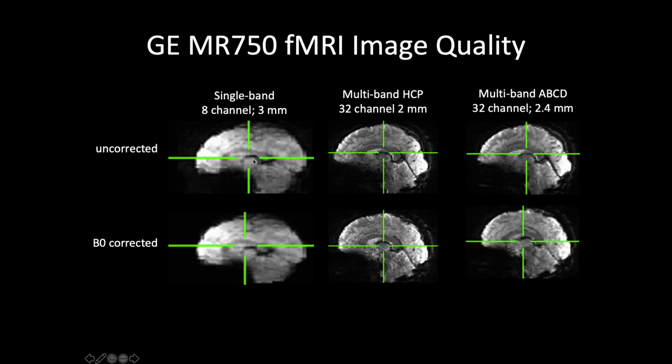And what you'll notice is, for one, the multiband, because you have improved spatial resolution, we're actually starting to see that this looks more like a brain and a little less like a bright blob, right? And when we apply these field maps, we have less of that pulled banana shape, right? So for the project that I've been using, we've been using this functional acquisition specifically.